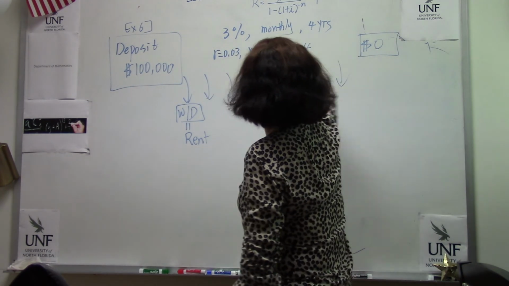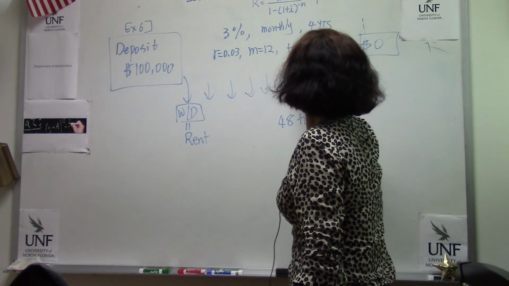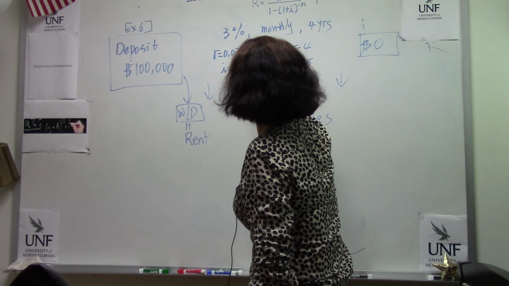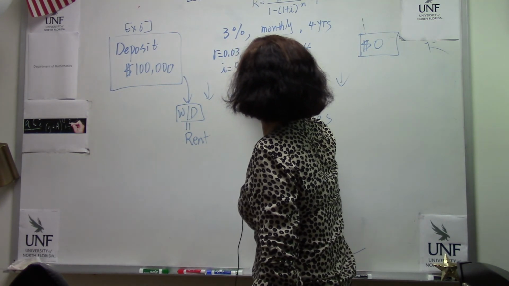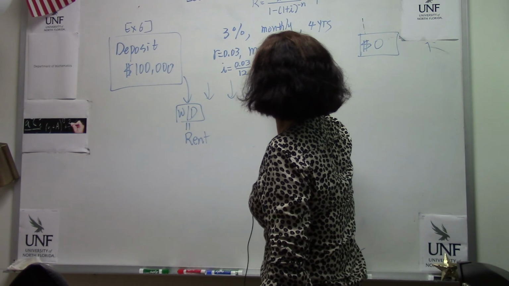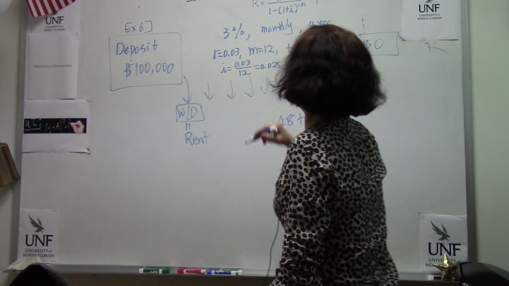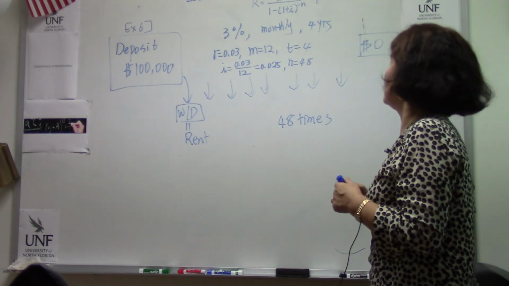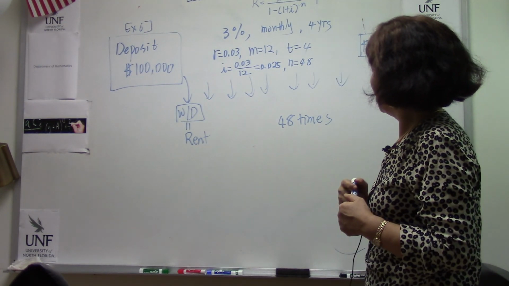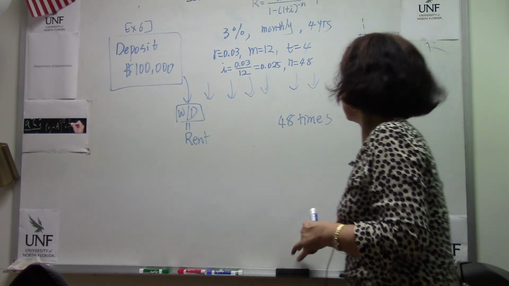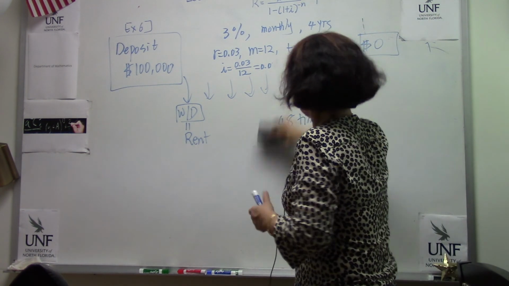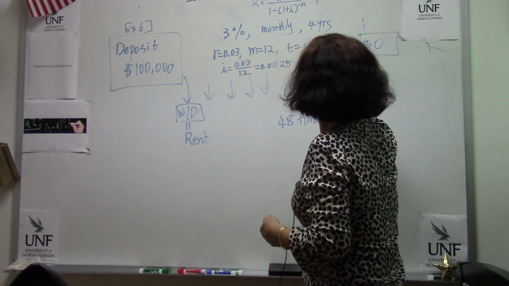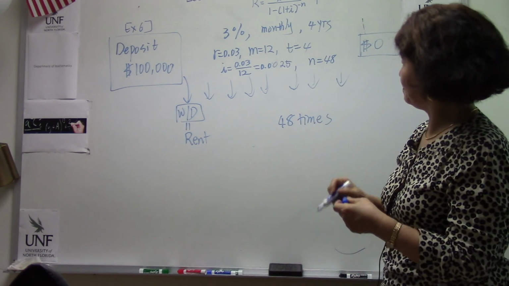So we already figured out that N equals 48. Now you need I. I is 0.03 divided by 12, that is 0.0025. N equals 48.